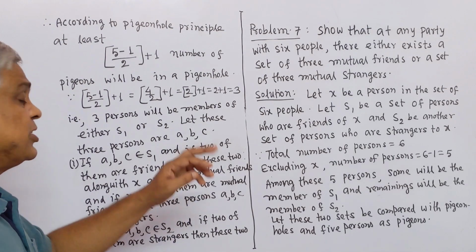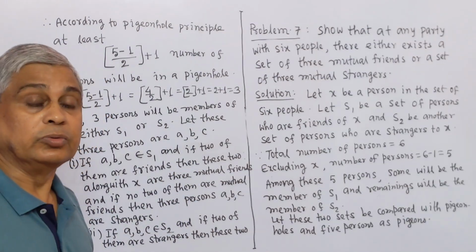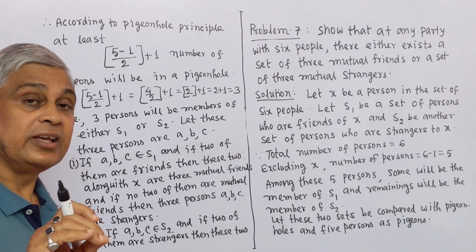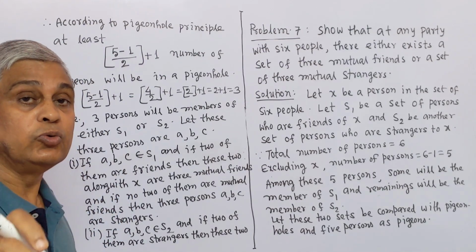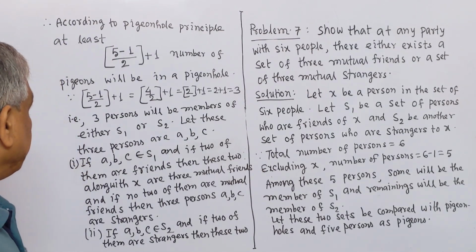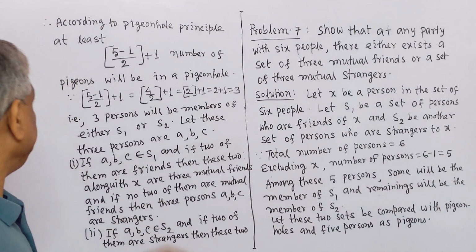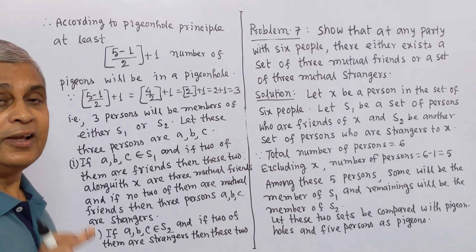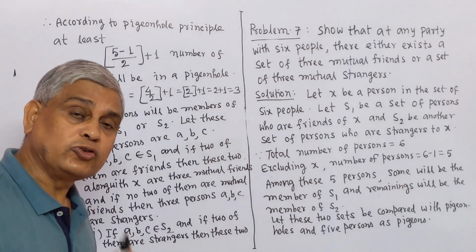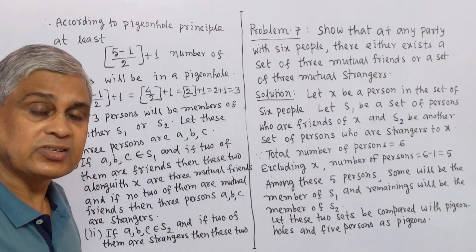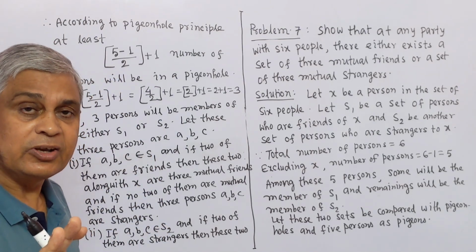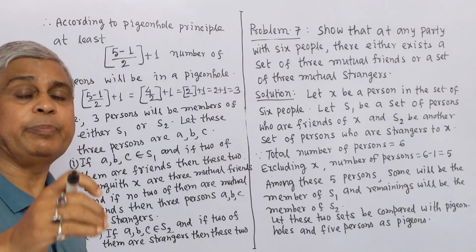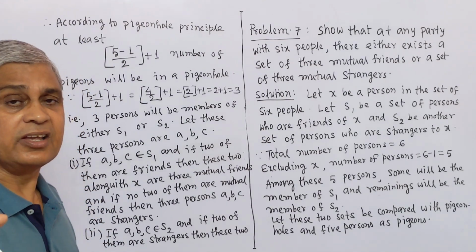Case 2: if A, B, C belong to S2, S2 be the set which contains strangers to X. Let 2 of them be strangers. Then these 2 along with X means 3 persons will be a set of strangers, means three persons are strangers.